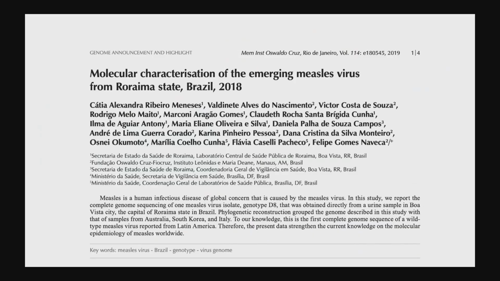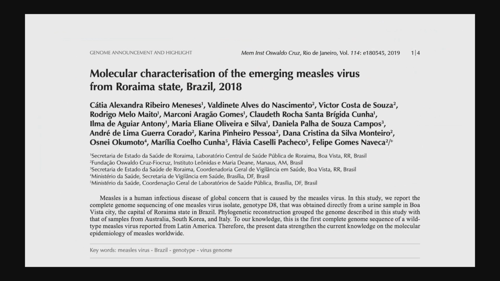And then I will show you some examples where we successfully worked with this. The first one is the primers that we designed for the measles emergence in Brazil that occurred in 2018.